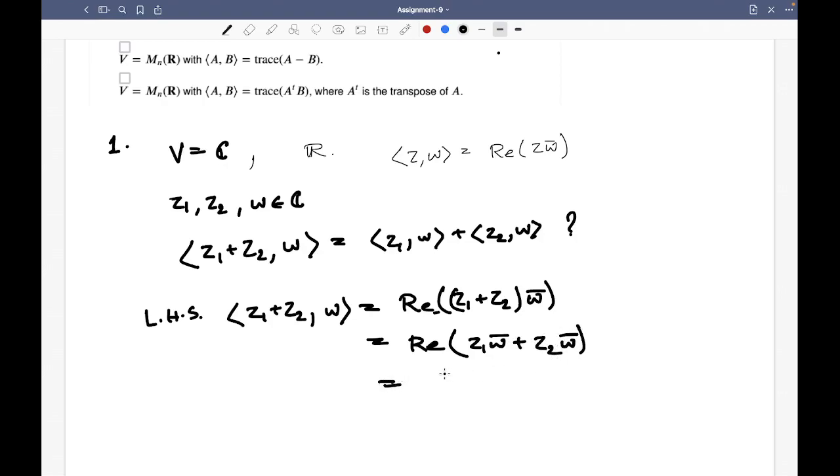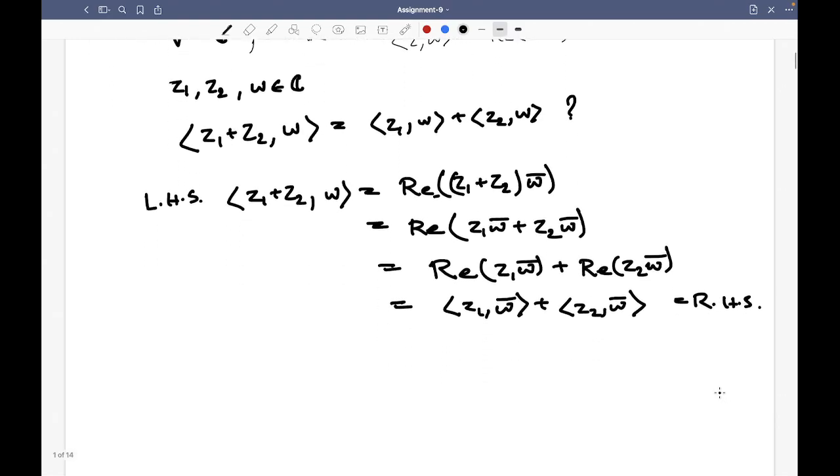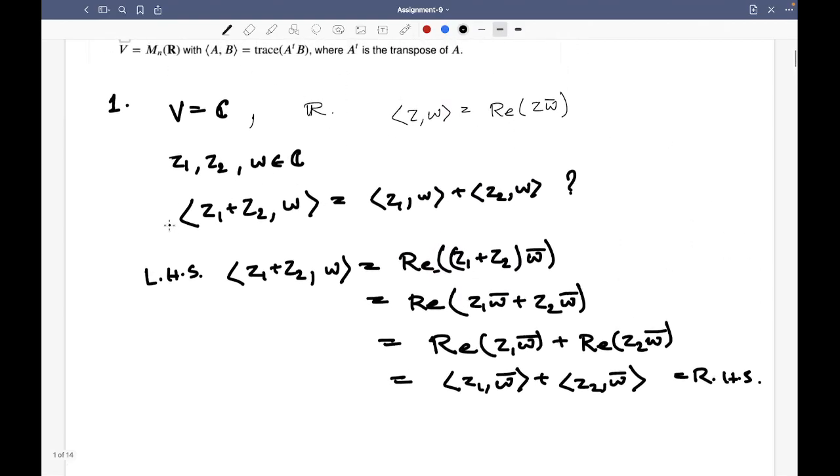The real part of a sum is the real part of the first plus the real part of the second: the real part of Z1 W bar plus the real part of Z2 W bar, which is the RHS. So the first condition is satisfied for an inner product. This is condition number 1.